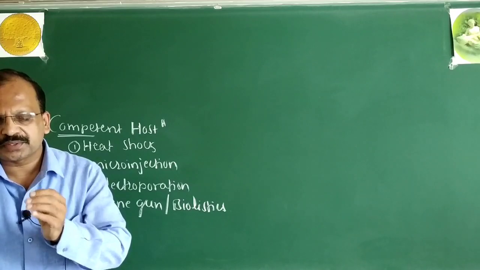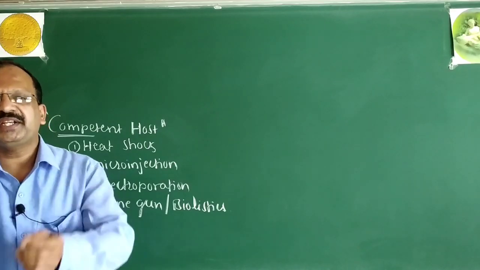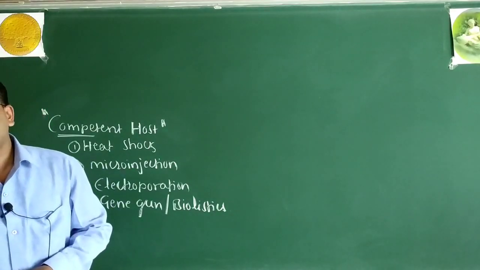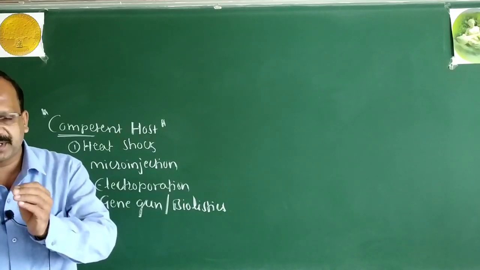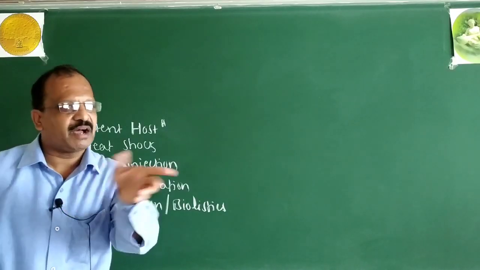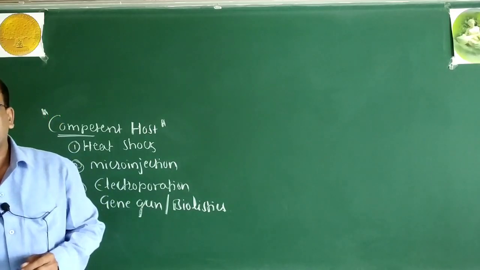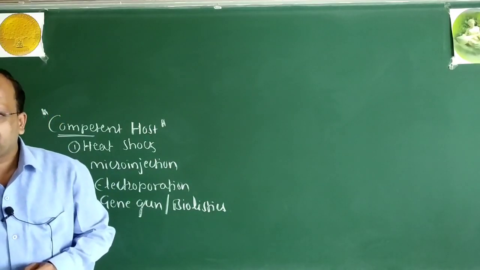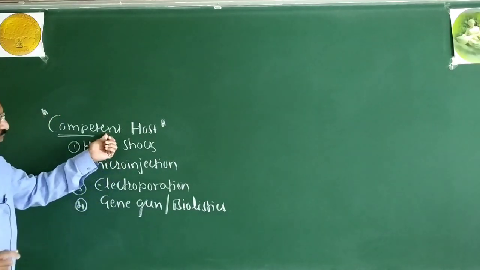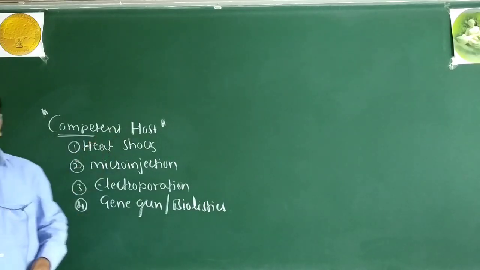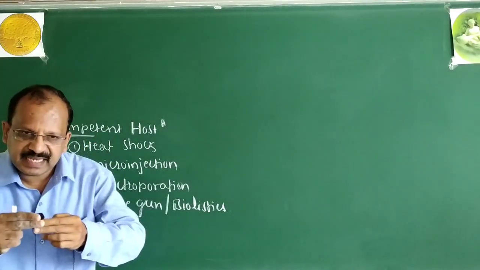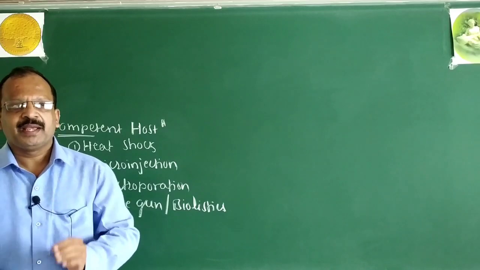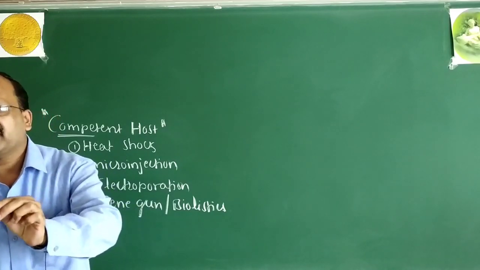The substance which has a great affinity towards water is called a hydrophilic substance. So look over here, competent host. DNA cannot easily pass through the cell membrane because of its hydrophilic nature.